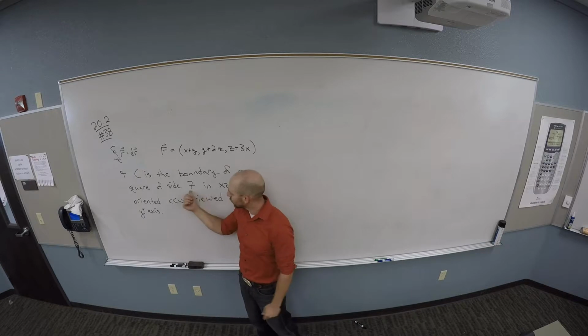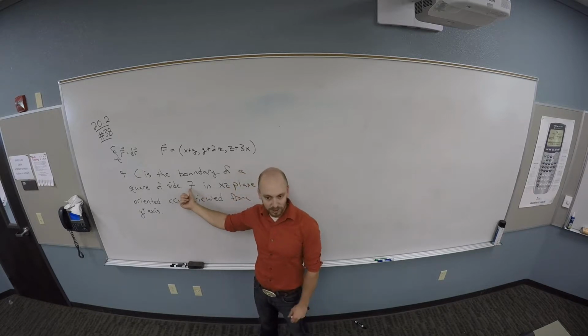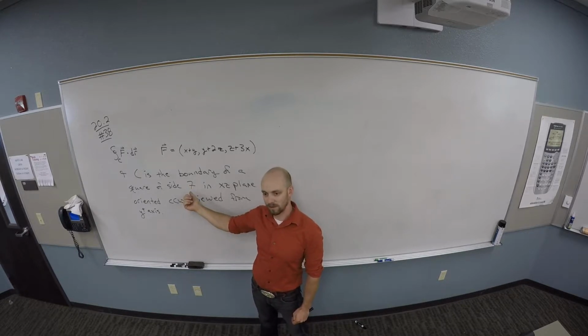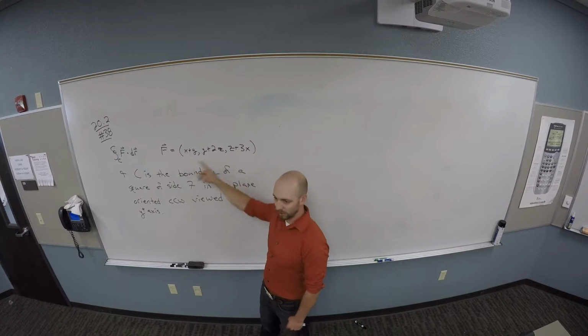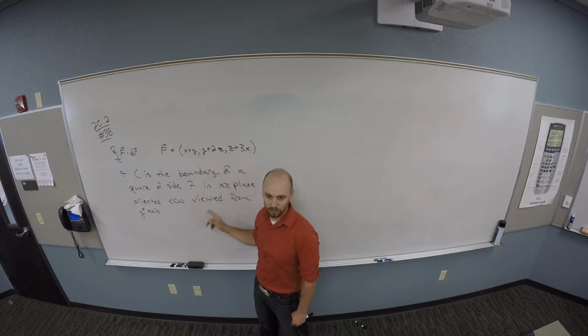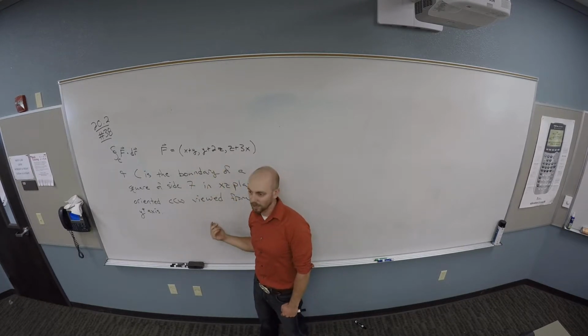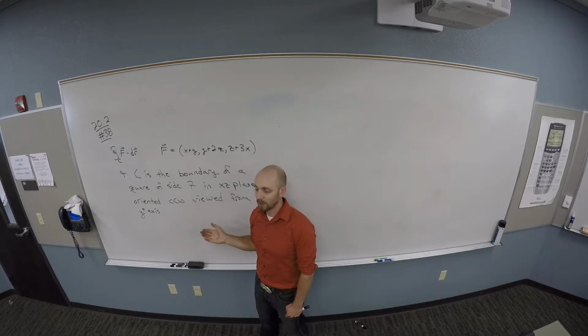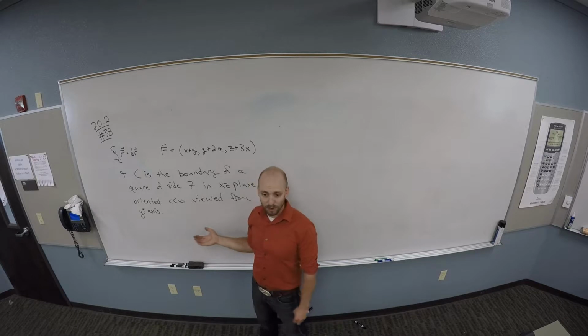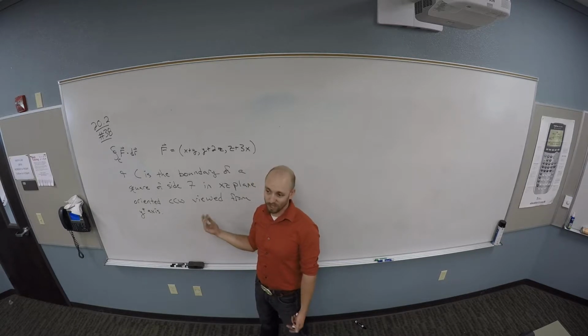And they told me C is the boundary of a square of side length 7, right? That means I'm going to have to do 4 things. If I was going to calculate the circulation by hand, I'd need 4 pieces for this. If I don't want to parameterize 4 things, maybe I can just calculate an area integral and do it with 1 thing.